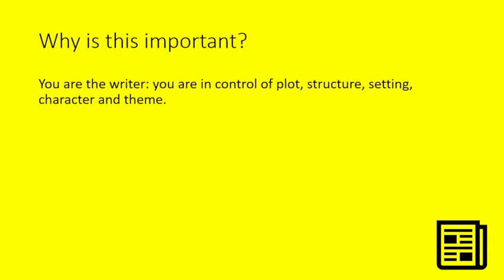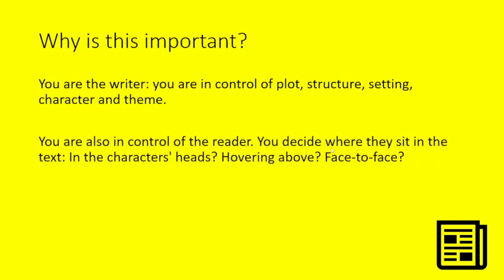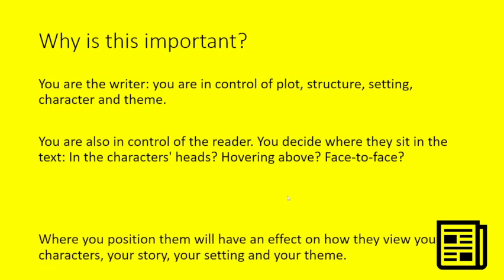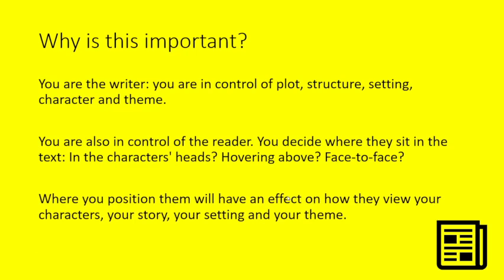Just remember, you're also in control of the reader. Where do you want them to be? This is part of your craft as a writer. Where you position them will have an effect on how the reader views your characters, your story, your setting and your theme. From a distance, close by, it's entirely up to you.